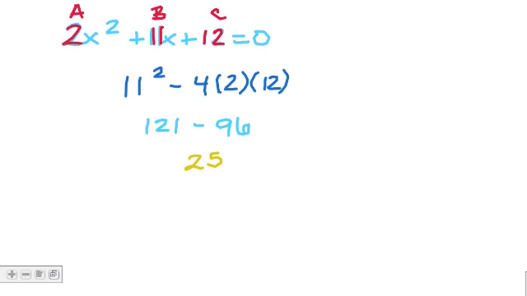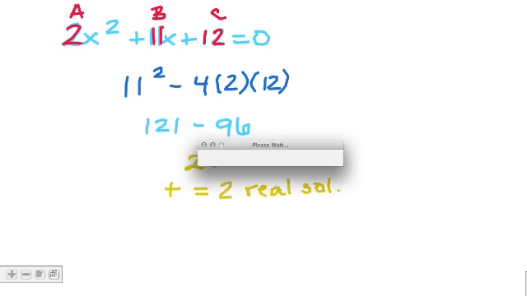Just a quick note, remember, positive means 2 real solutions. All right, let's try this one. We get x squared plus 8x plus 16 equals 0.